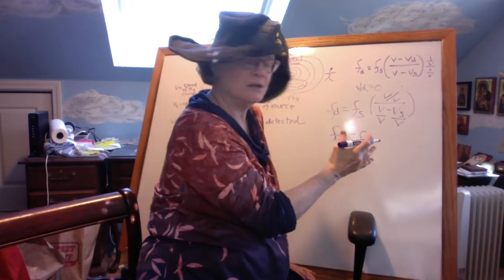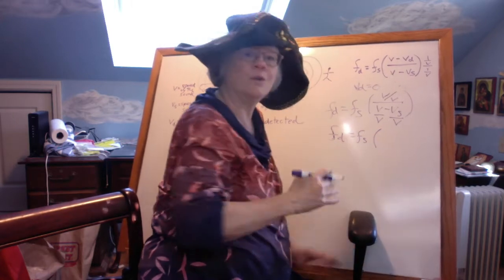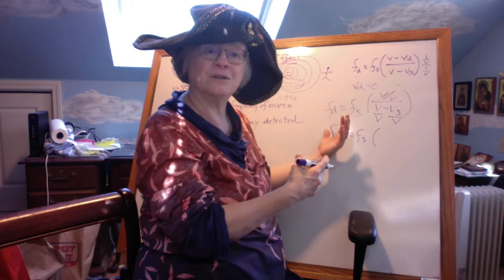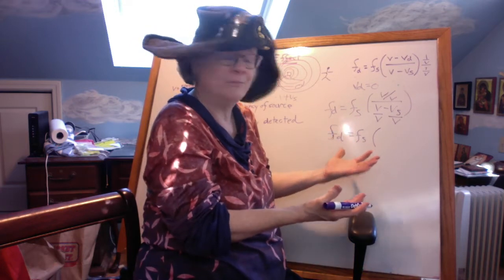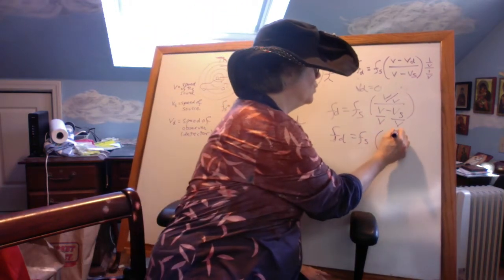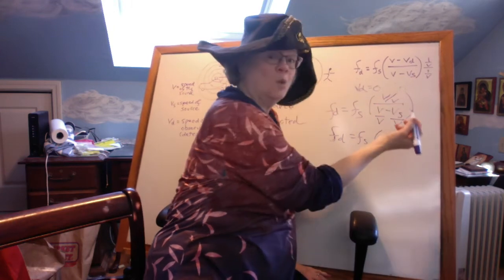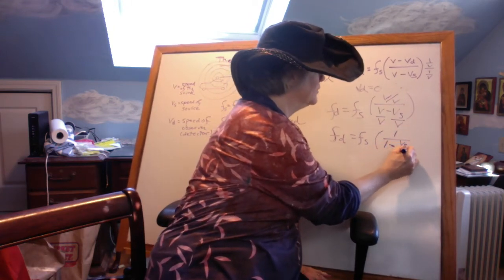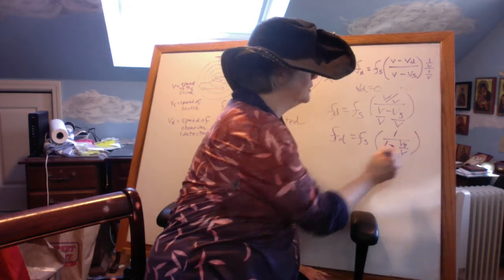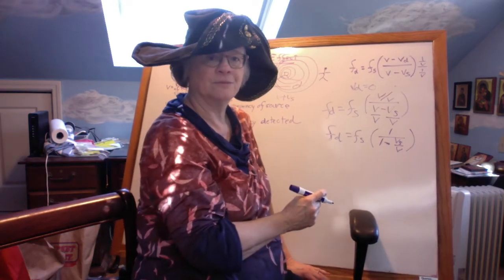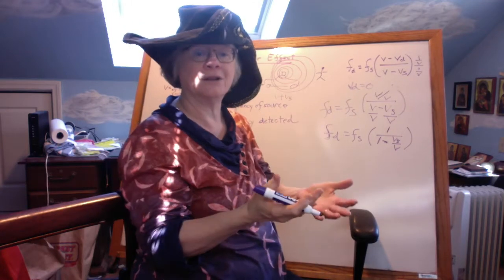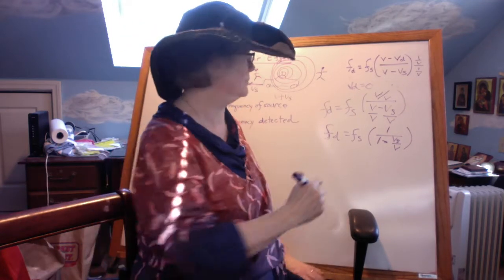That doesn't change. The whole reason we're doing this is we're going to get a fraction here that modifies the original frequency of the sound. So this gives me 1 over 1 minus v sub s over v, the original v. So that's an equation that I can use in order to calculate what happened to my frequency.